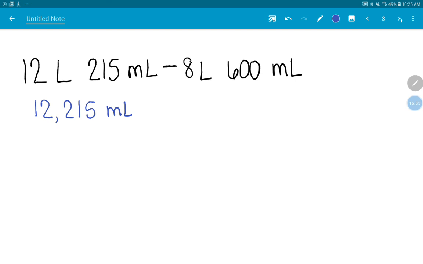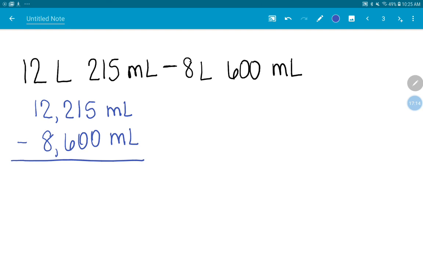Okay, so you made the 12 liters into 12,000 milliliters and then put that together with the 215 milliliters? Okay, then what? And then I subtracted 8,600. Okay, how did you get 8,600? I did the same thing.